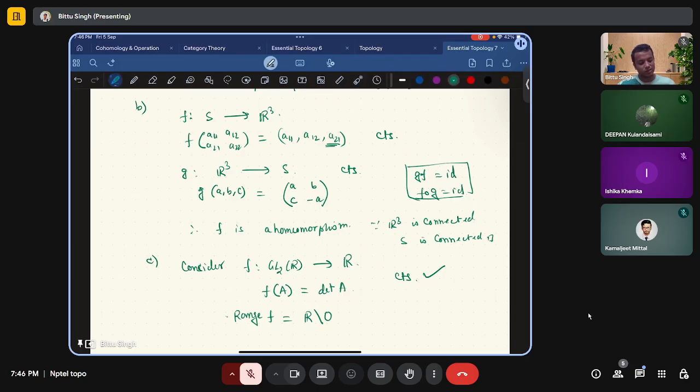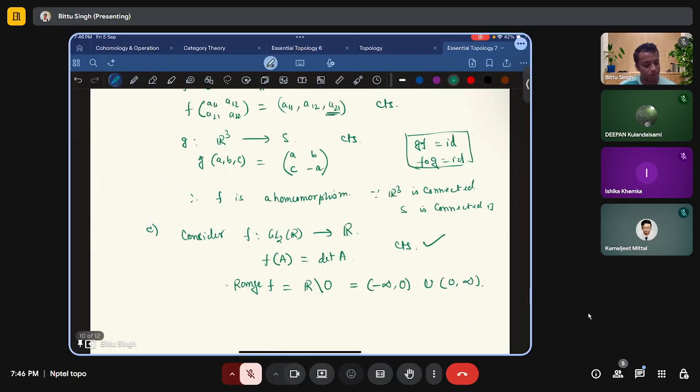So the range of f is R minus 0, but note that R minus 0 can be written as a disjoint union of two open sets. R minus 0 means this union this. We are removing the origin. So the range of f is disconnected. R minus 0 is disconnected. It can be written as a disjoint union of two open sets. Now what is the conclusion?